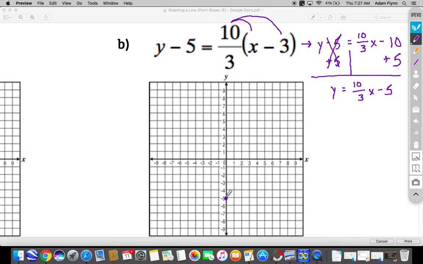And my rise is 10, so I'll go up 10 and to the right 3. Just like that. And now I can draw my line. And because it goes from negative infinity to positive infinity, goes on forever, in other words, I'll draw arrows. Okay, pause the video if you need more time.